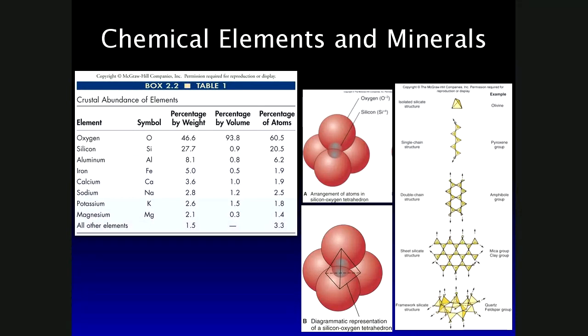And what we see right here are the structures these two elements, silicon and oxygen, make via chemical bonding, that are present inside minerals. As you can see, 1 silicon and 4 oxygen atoms make this structure.